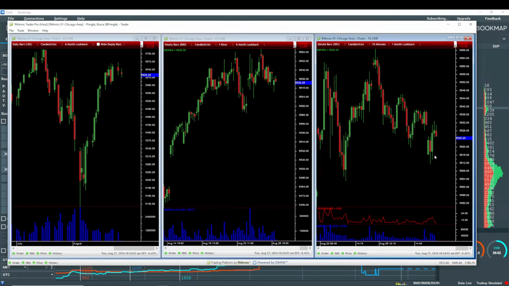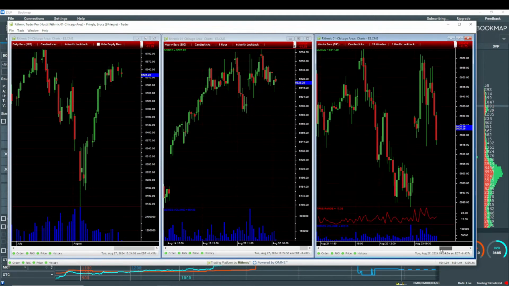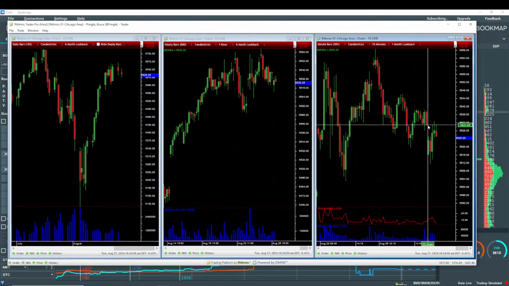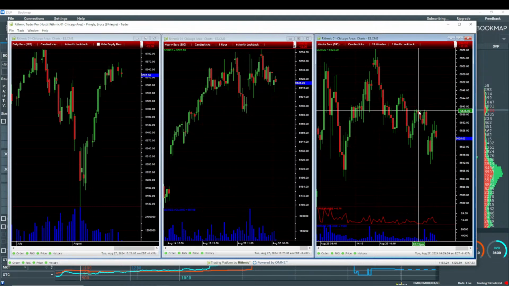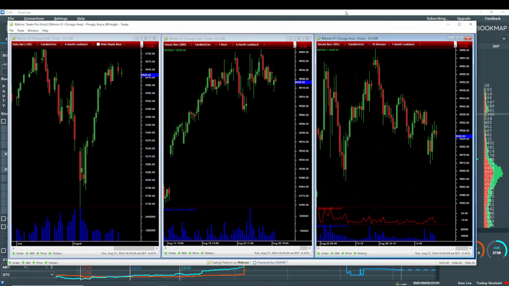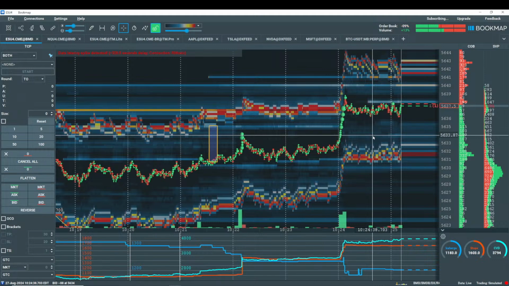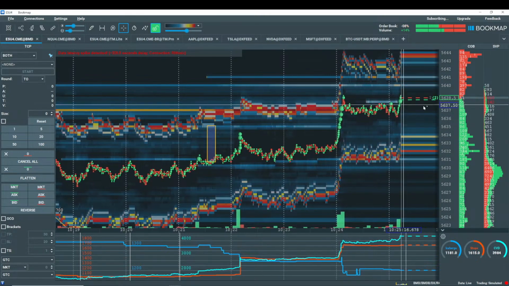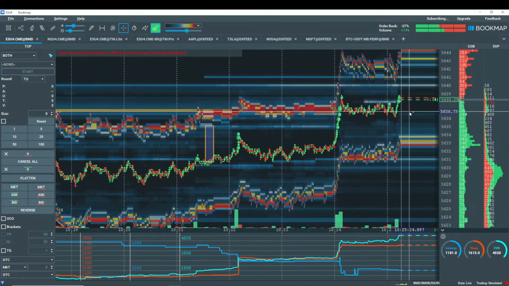Why am I not seeing it here? This is really kind of screwy. Yeah, that was our target, and then it actually is turning into a flag pattern.